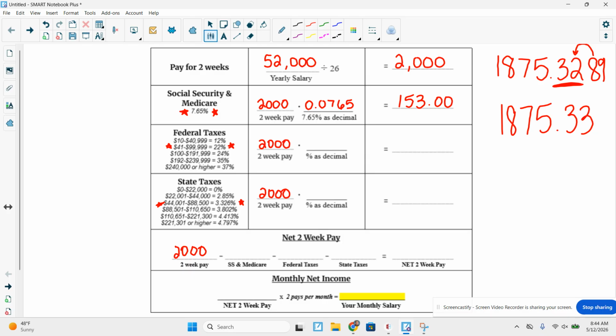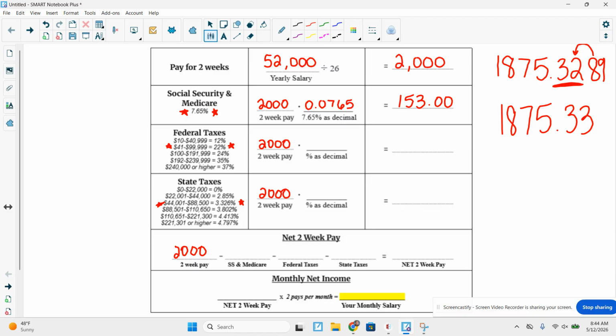So you want to round up some money and then put it in all these blanks. This, again, is not how much you make. This is how much is going to be coming out of your paycheck. That's the Social Security and Medicare part.